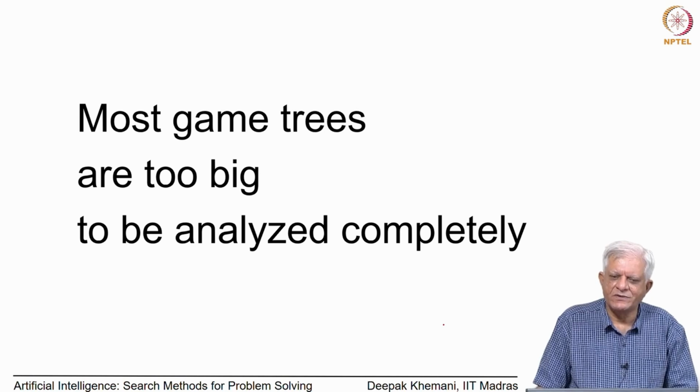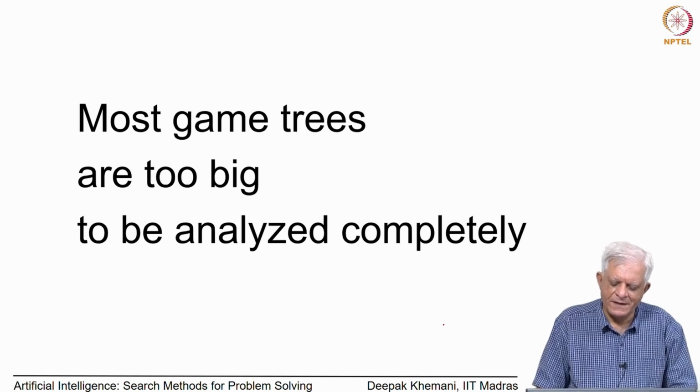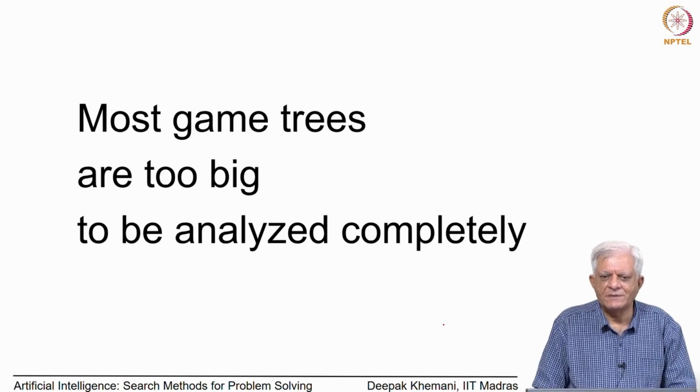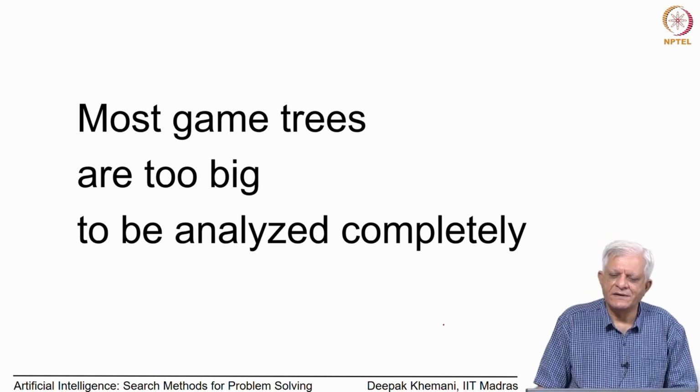So, this will be a value which would signify whether the game is good for player max or whether it is good for player min and so on. And we would use this evaluation function to guide our game playing program, and we will do that in the next session onwards, and we will look at a few algorithms for playing real games.